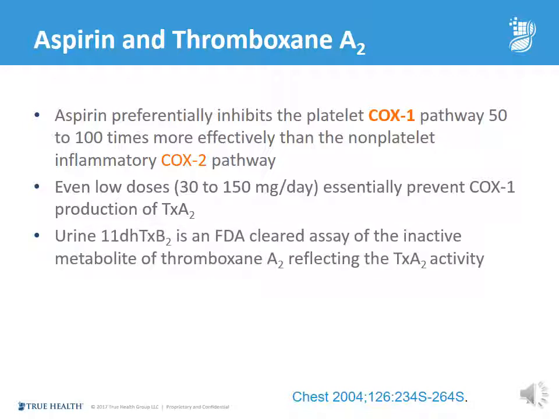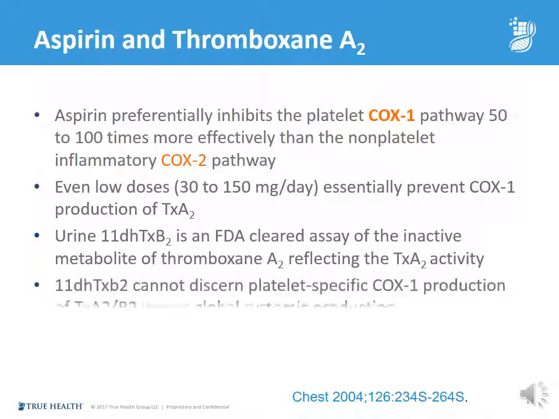Now, urinary 11-dehydrothromboxane B2 is an FDA-cleared assay, and clearly it is a biomarker that looks at the metabolite of thromboxane A2, which reflects thromboxane A2 activity on platelet hyperreactivity.